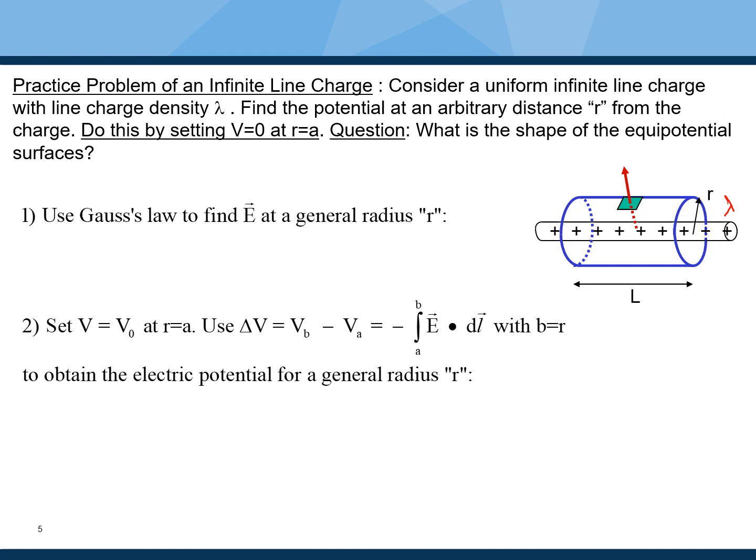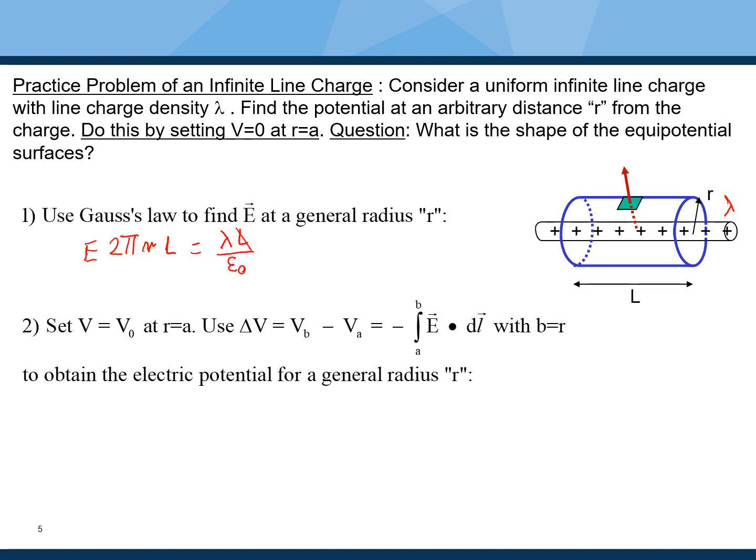And therefore, we can now write the flux through the closed Gaussian surface that is shown in blue as being given by E times 2 pi R times L, and that should be equal to the charge inside, which is lambda times L divided by epsilon naught.